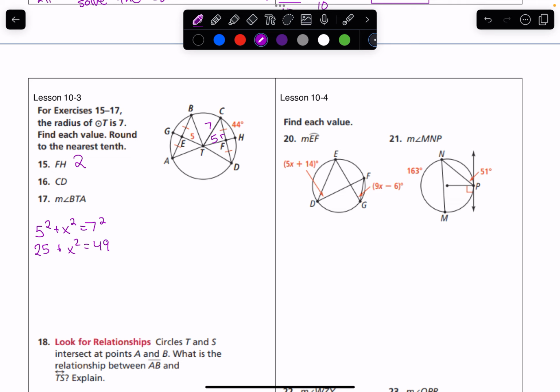And that's going to give us x squared equals 24. Round to the nearest tenth when we take the square root. X equals 4.9. So CD is equal to double that, because CF is 4.9. Doubling that is going to be 9.8.